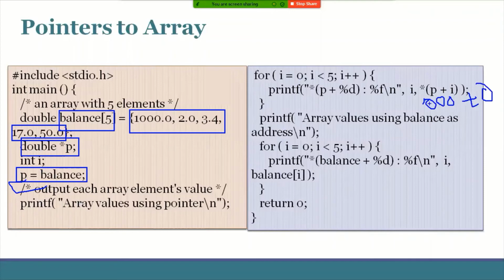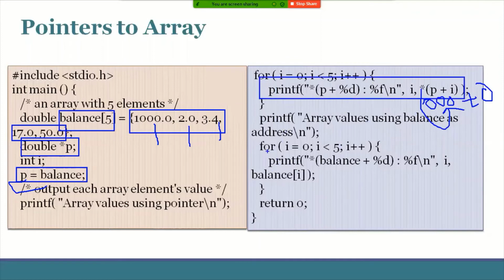That is the base address, the 0th location, and the indirection operator upon this 1000 location will get the first value. Next, the I value will be updated. Next, 1000 plus 1 into the internal scaling factor 8 bytes is 1008, the second element. The indirection operator upon 1008 gets that element. Like that, each and every element can be accessed and displayed with the help of the pointer variable.